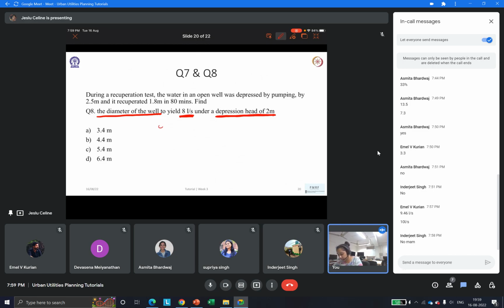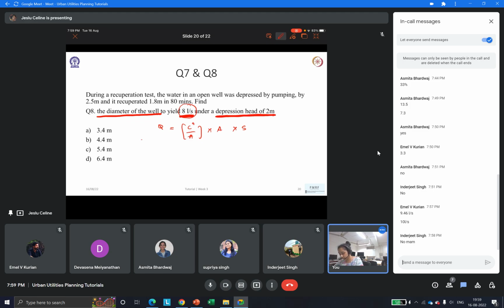We'll go ahead with the same formula, Q equals K into A into S. Here we know the yield, which is given as 8 liters per second, and because we were taking our duration in hours, we will convert liters per second into liters per hour.